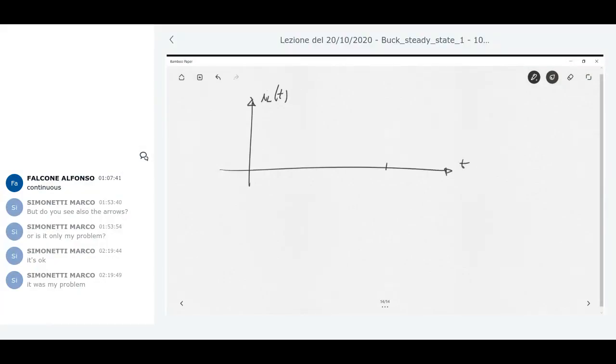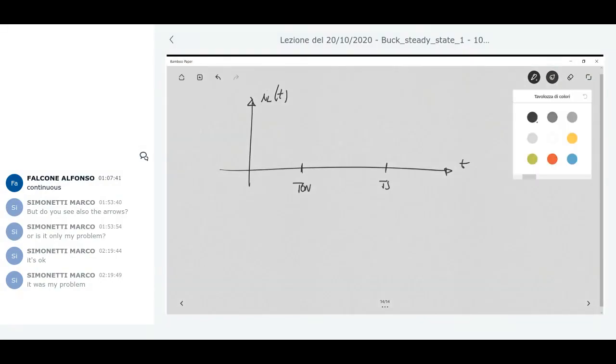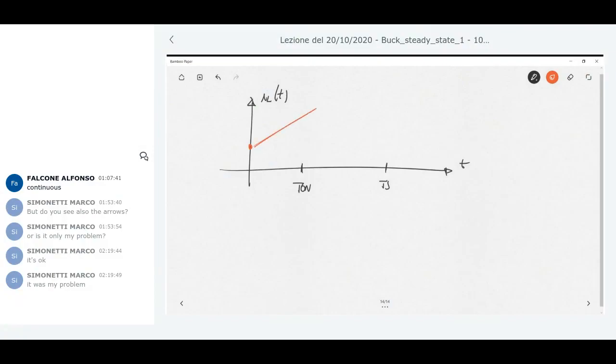We have the switching period, then I have T on. Remember that I already defined a linear behavior between Imin and Imax during the T-on interval. The slope here was V in minus VO divided by L. Remember that we are talking about a buck in which VO is less than V in, step down behavior.